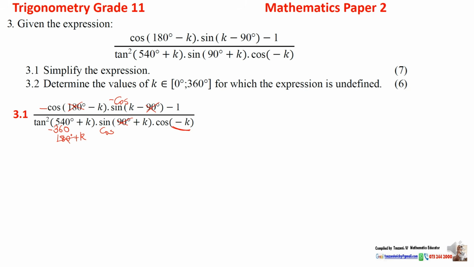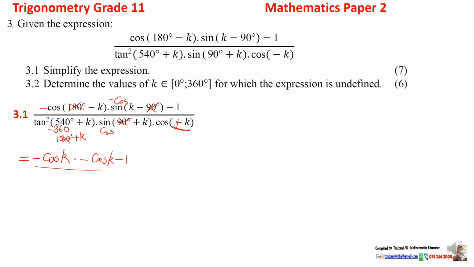Negative angles are in the fourth quadrant. So in the fourth quadrant, cos is positive. Now this is just you knowing what to do the moment you look at your expression. So I can now write out the answer. It starts with negative cos k multiplied by negative cos k, then minus 1.